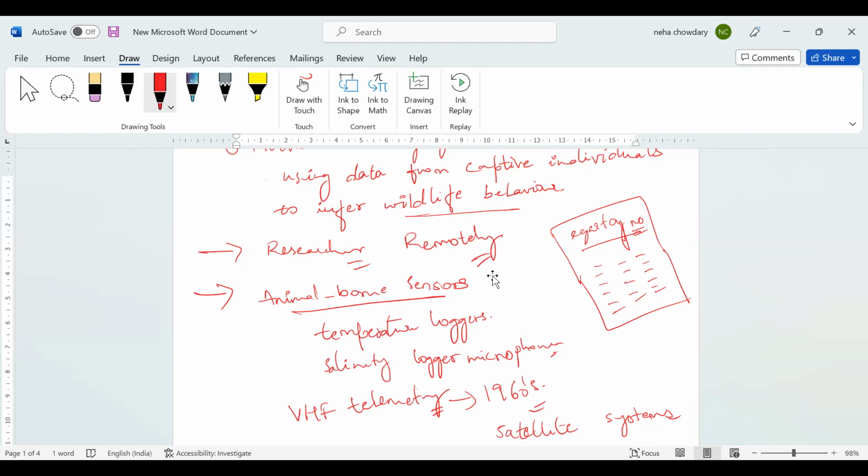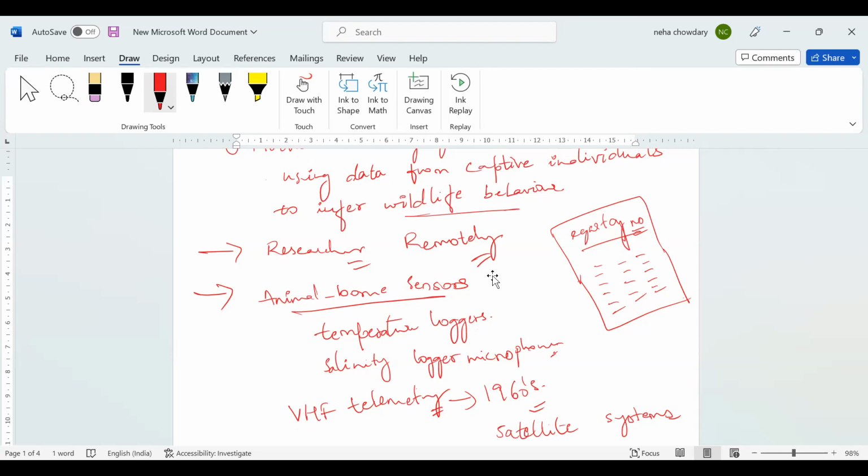So, here, what the researchers have done is they have given these collars to animals which are in captivity and some of the animals which are in the wild.